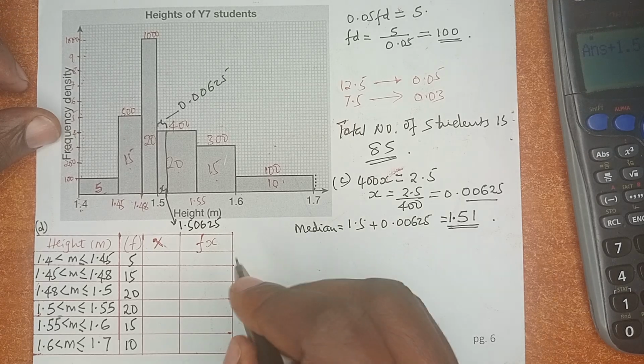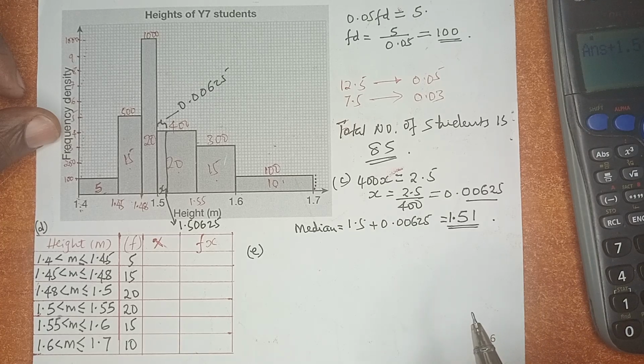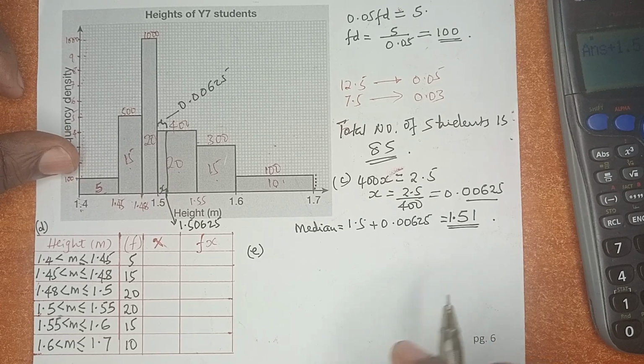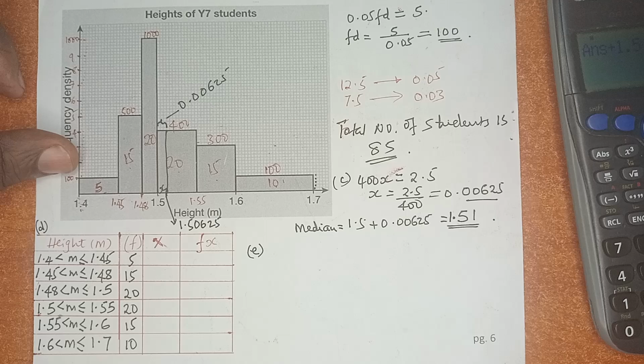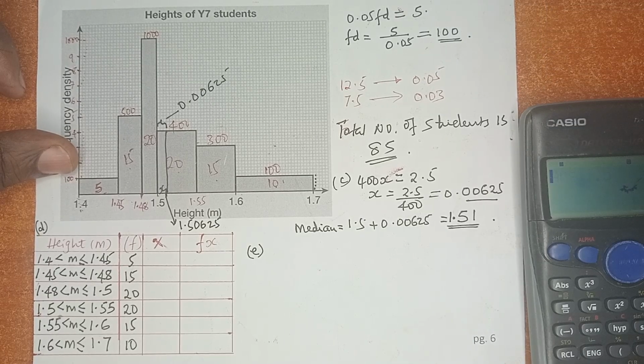What about part E? Part E, work out an estimate for the mean height from your frequency table. Estimate for the mean height, of course, we need fx column and of course the f column. And now that we have had the groups which are using different limits, we have to establish the class representative, or rather the midpoints of all those groups.